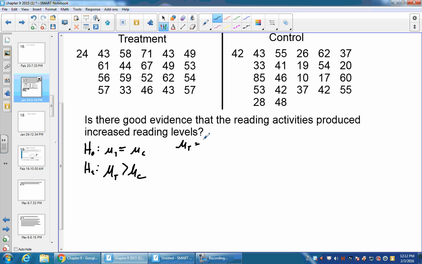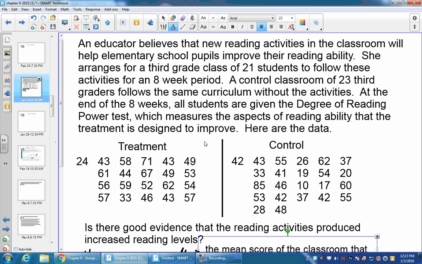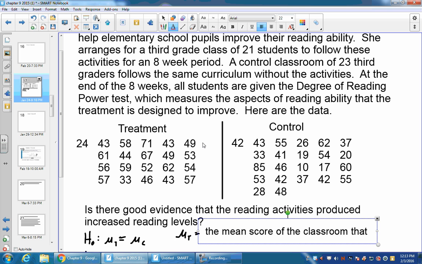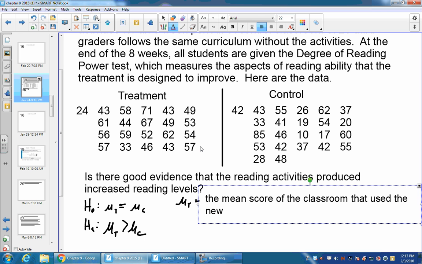Then we have to write this out. The mean score of the classroom that used the new learning techniques.